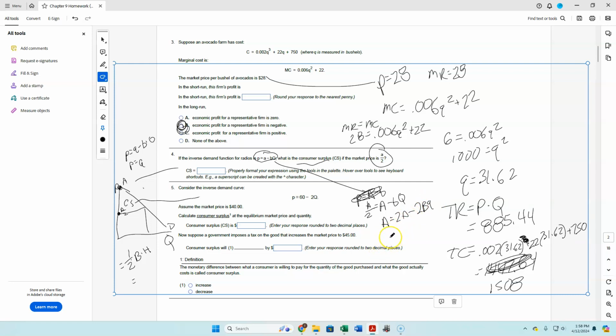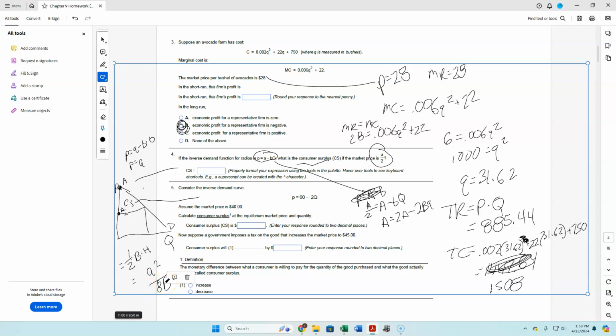which gives us a general form here for our consumer surpluses, which is 1/2 base times height of A squared over 2 times 2 times 2 is 8B.